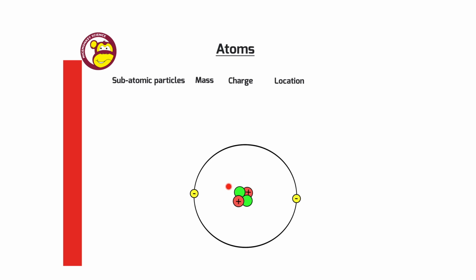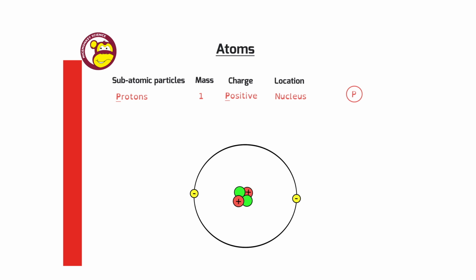So this area in the middle, just like in the middle of a cell, is known as a nucleus. It contains two different particles. As you can see here, they're represented by a green particle and a red particle with a plus in. And then whizzing around the outside here is what is called a shell or an orbital. And here you've got a particle represented by a little yellow circle with a minus sign in.